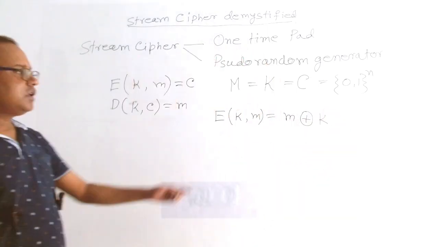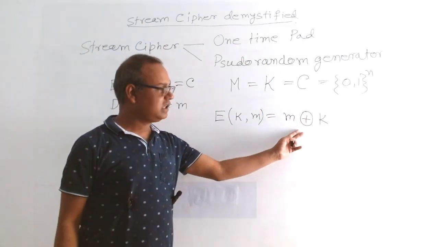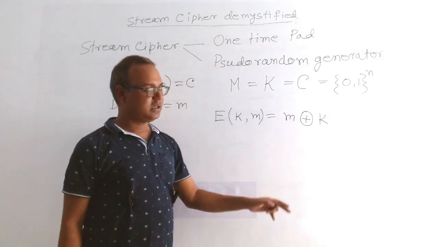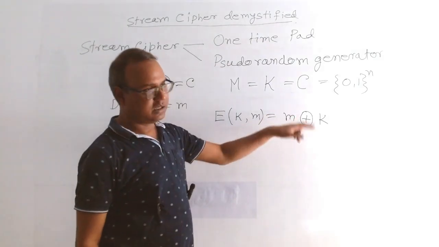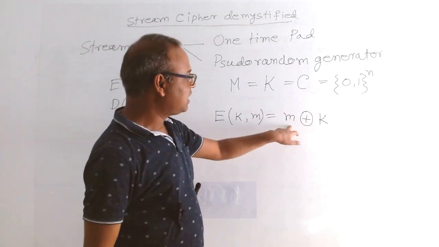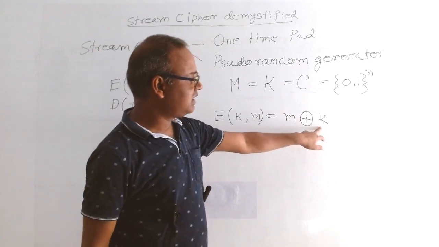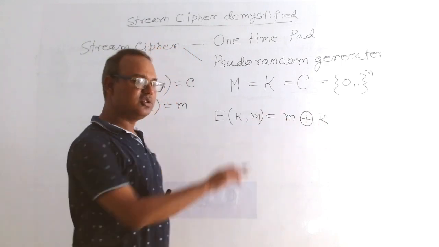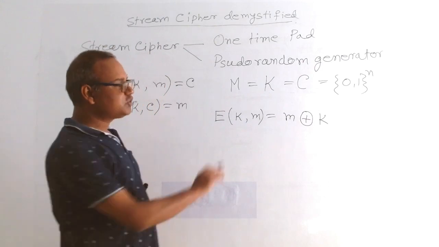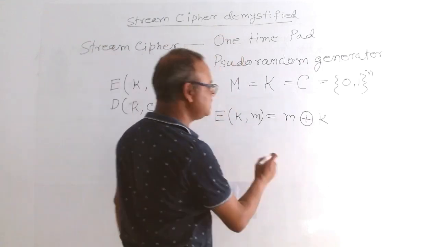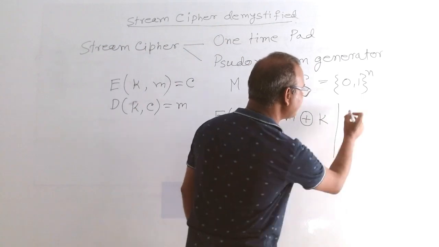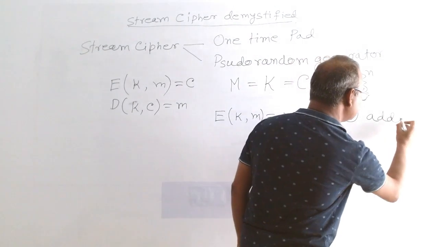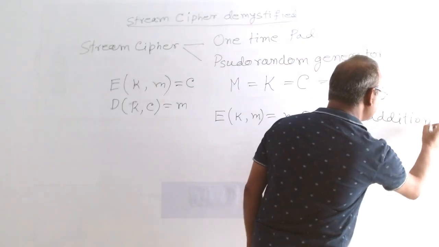Those who are familiar with this symbol XOR know that if there is 1 in m and 1 in k, then it will result in 0, and 0 0 is also 0. 0 1 will be 1. So the formal definition of XOR is, let me write the definition: XOR is basically addition modulo 2.